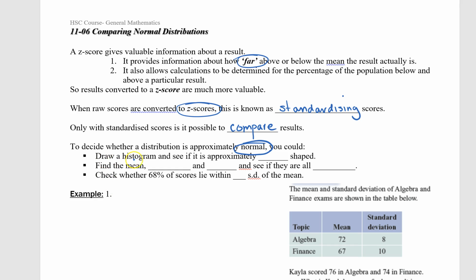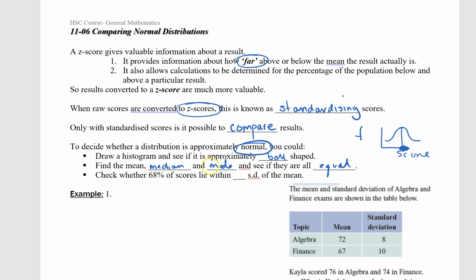Now, if it is normal, you could draw the graph and see if you actually get this nice bell shape with your score here and your frequency here. What we also know about it is that the mean, the median, and the mode are all equal. So they should all be this same score here.